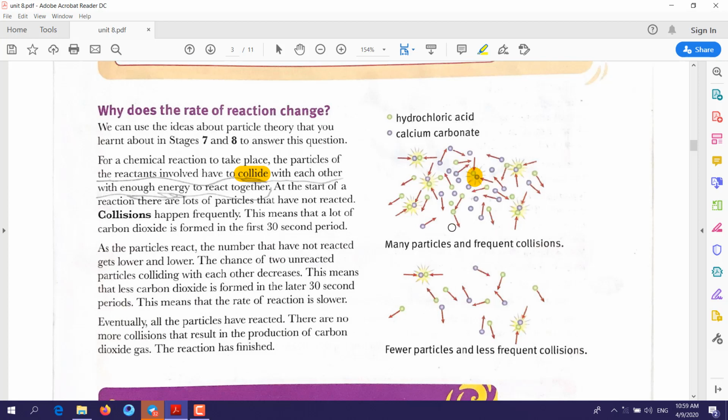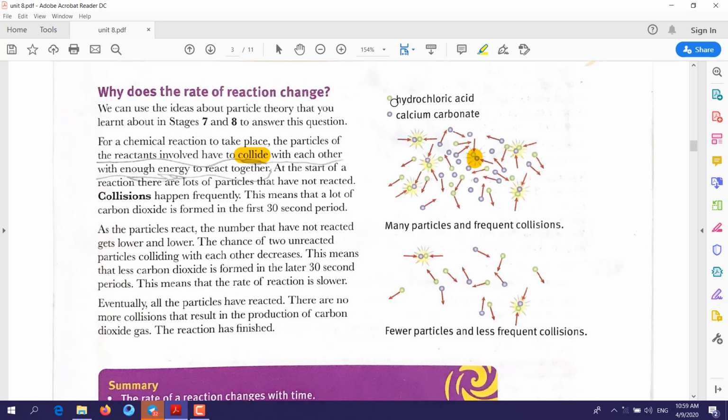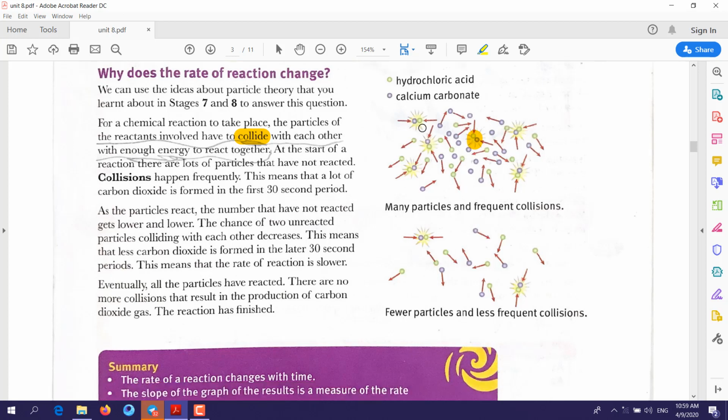At the beginning, there are lots of hydrochloric acid particles and calcium carbonate particles. Many particles and frequent collisions. Here it's at the start of the chemical reaction, but as the chemical reaction continues, there are fewer particles and less frequent collisions.